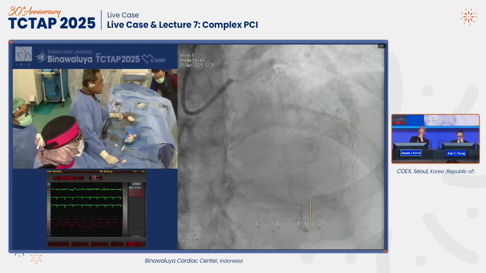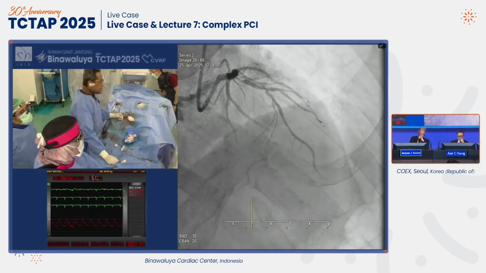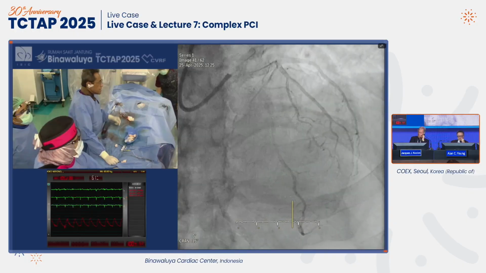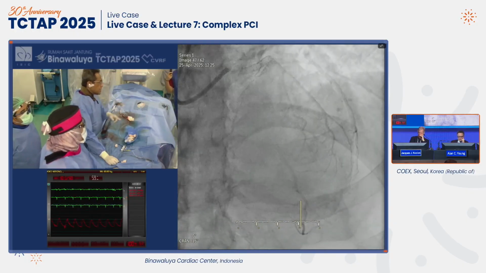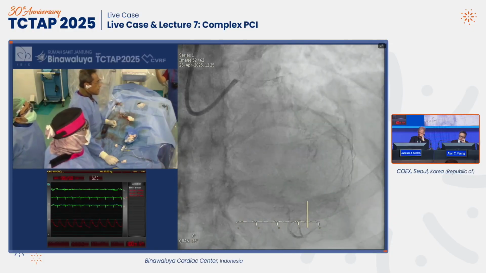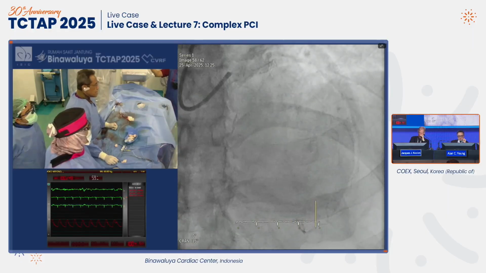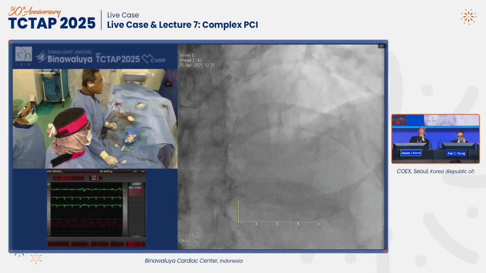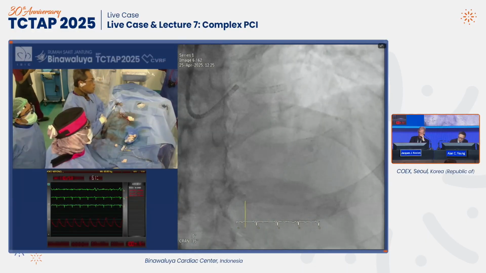If you look at our angio here, there is a significant lesion at the proximal LAD, and you can see very clearly the calcification in the proximal LAD. Then there is a significant lesion at the bifurcation of the diagonal, might be Medina 1,1,1.